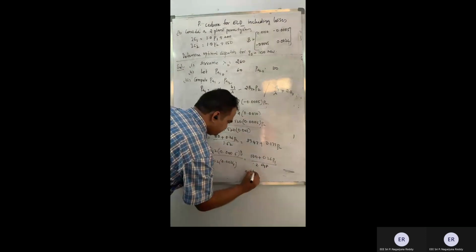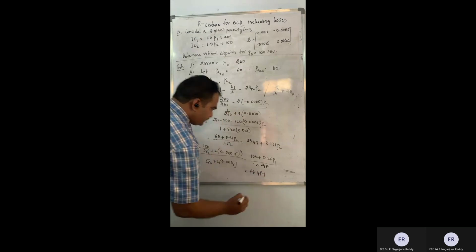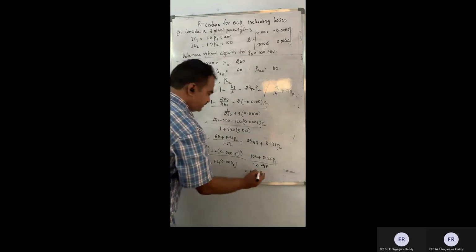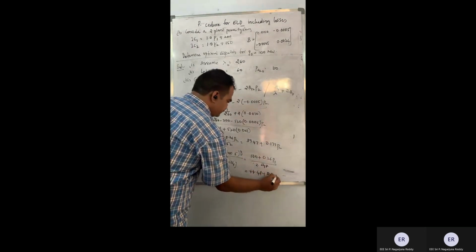So what I'll be getting now? 100 divided by 2.248 is 44.48 plus 0.115 P1. So now I'll employ these two equations.